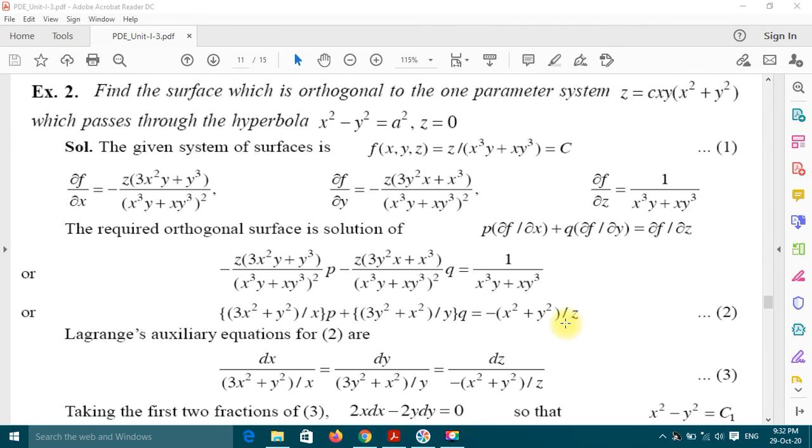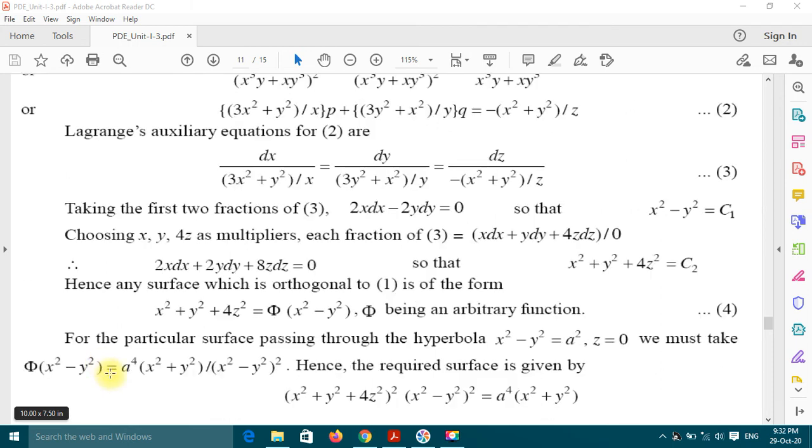Okay, this is our required differential equation. Now the Lagrange's auxiliary equation or subsidiary equation for the differential equation 2 is dx/((3x² + y²)/x) = dy/((3y² + x²)/y) = dz/(−(x² + y²)/z).